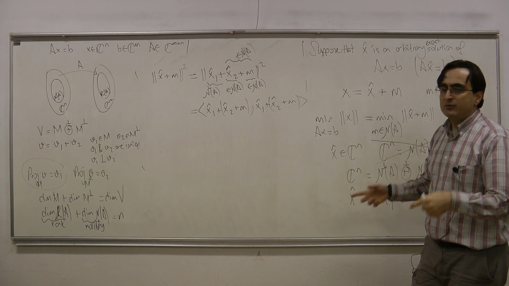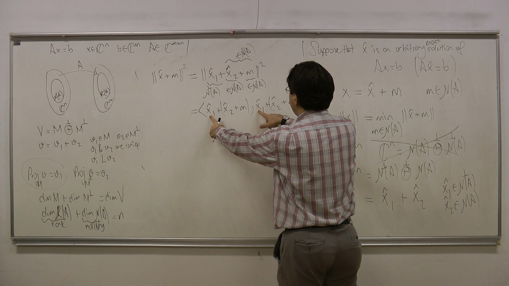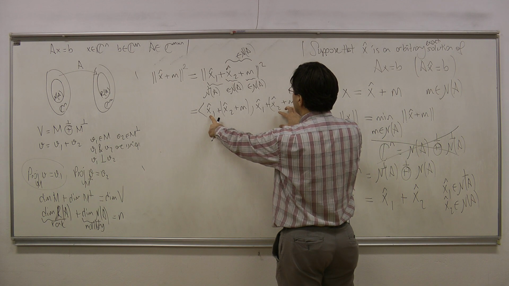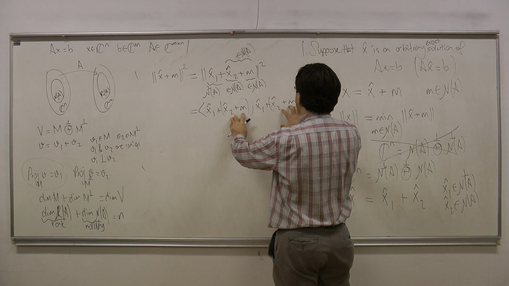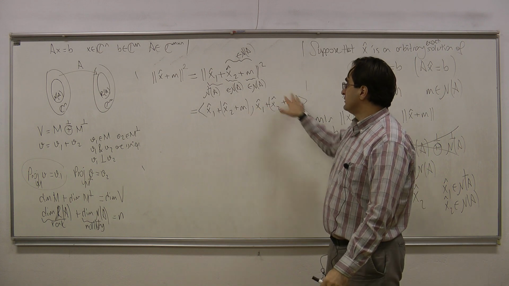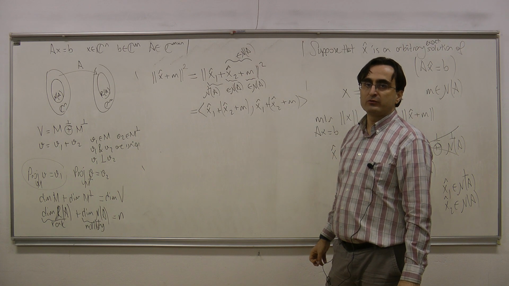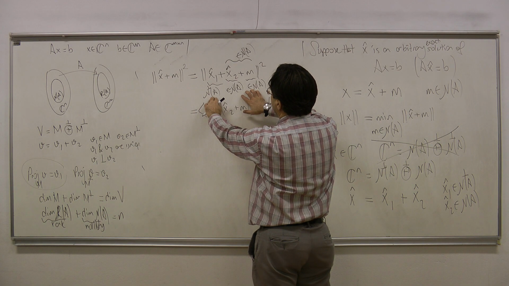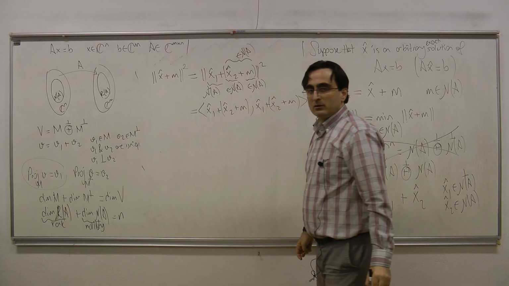Okay? Now suppose that I distribute this inner product: x1 hat with x1 hat, plus x1 hat with x2 hat plus m, and x2 hat plus m with x1 hat, plus x2 hat plus m with x2 hat plus m. Okay? There are again 4 inner products when I distribute this inner product like this. And two of those inner products would be equal to 0 because of this property. x1 hat is in null space of A orthogonal complement, and this sum is in null space of A. Okay?